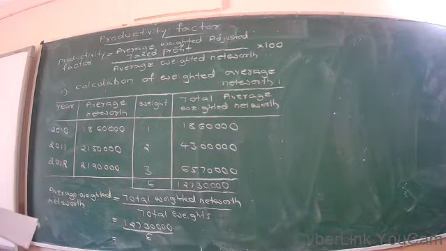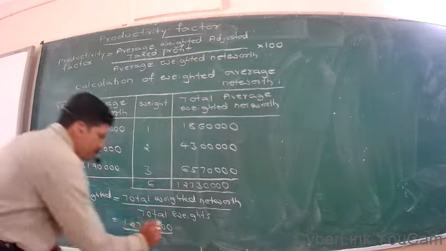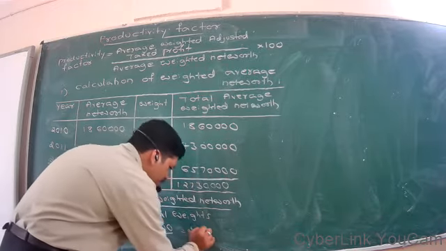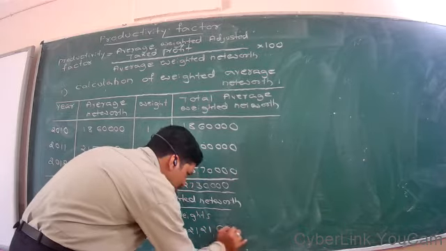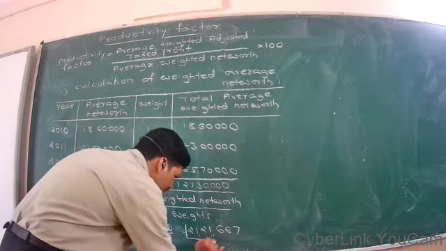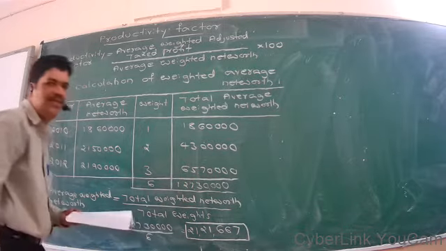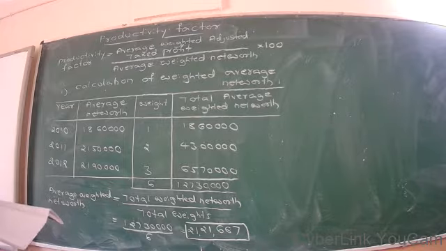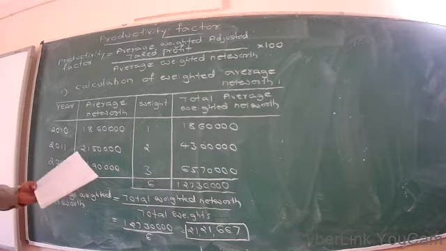So the final figure is 21 lakh 21,667. Put it in brackets so that it can be seen very easily. Okay students, we have calculated the first aspect, calculation of weighted average net worth.